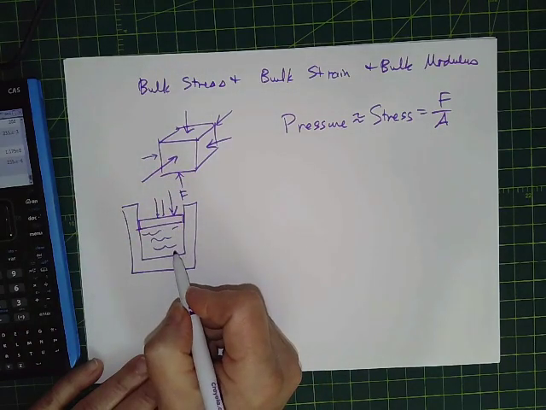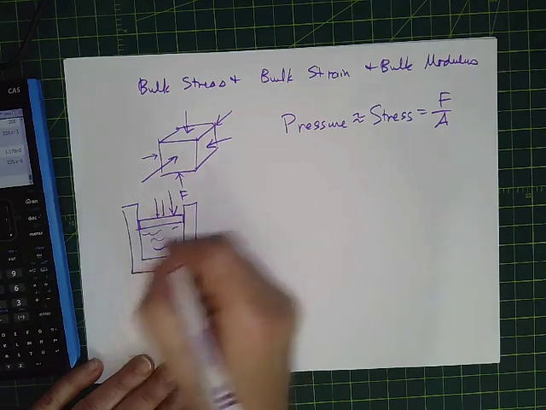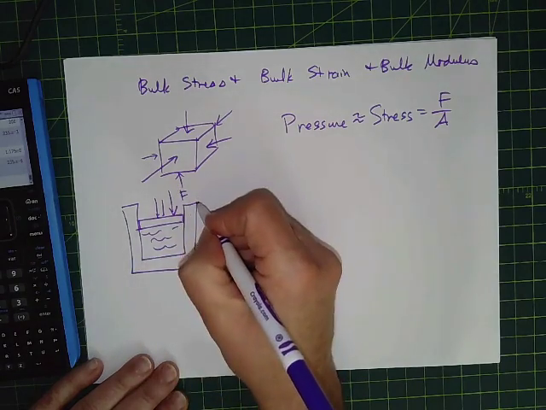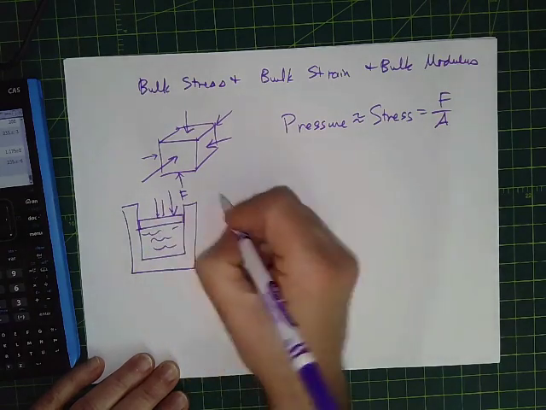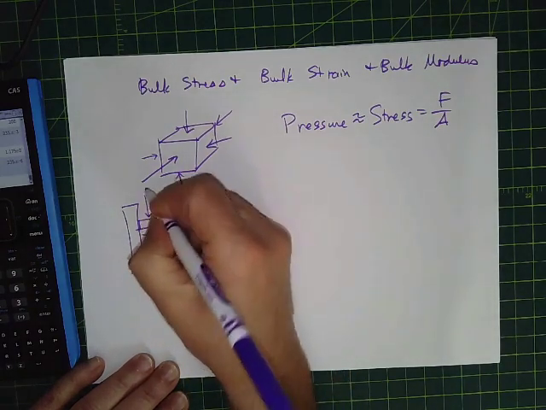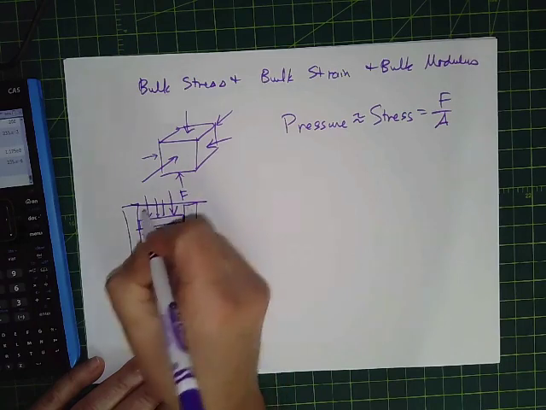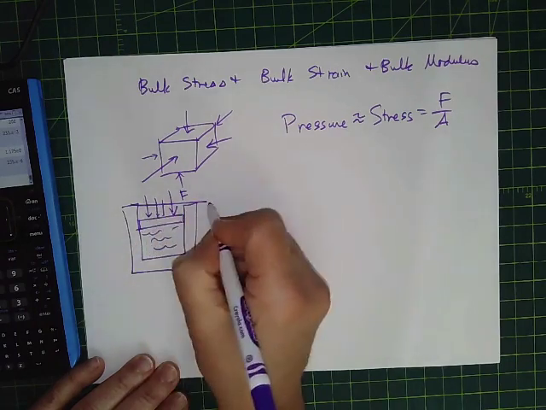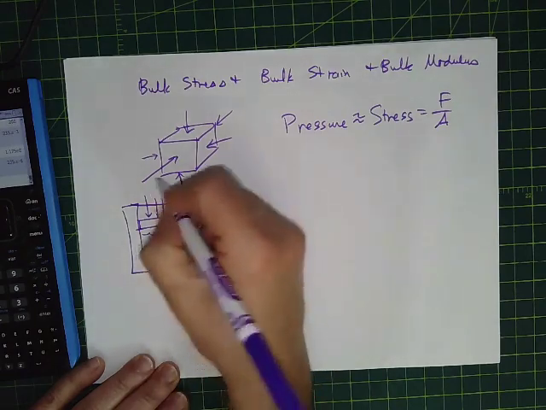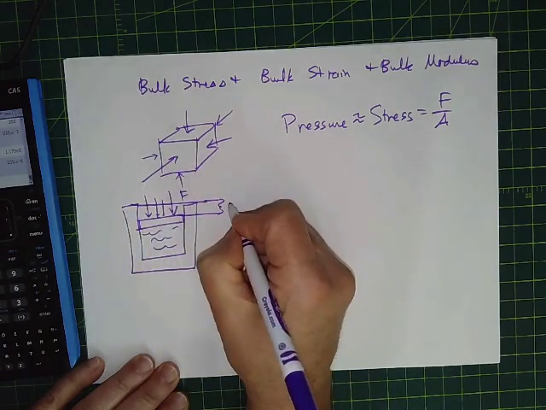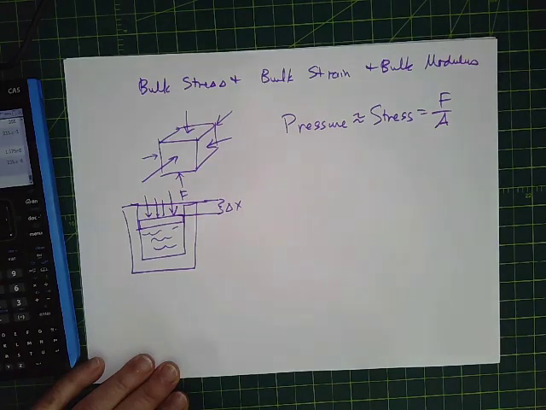We'll call this the x direction. I'm not drawing very nicely here, but say the initial x was up here, but the force on the piston has pushed it down, so we have a delta x.